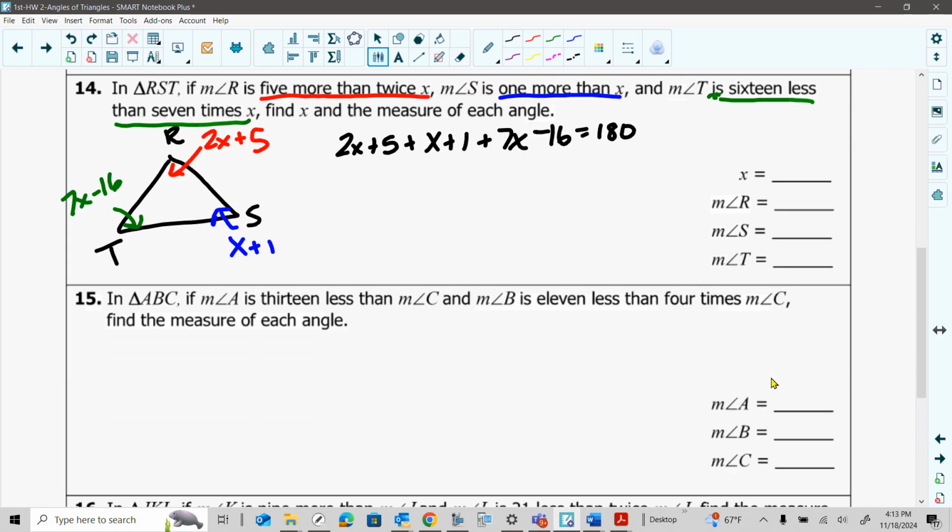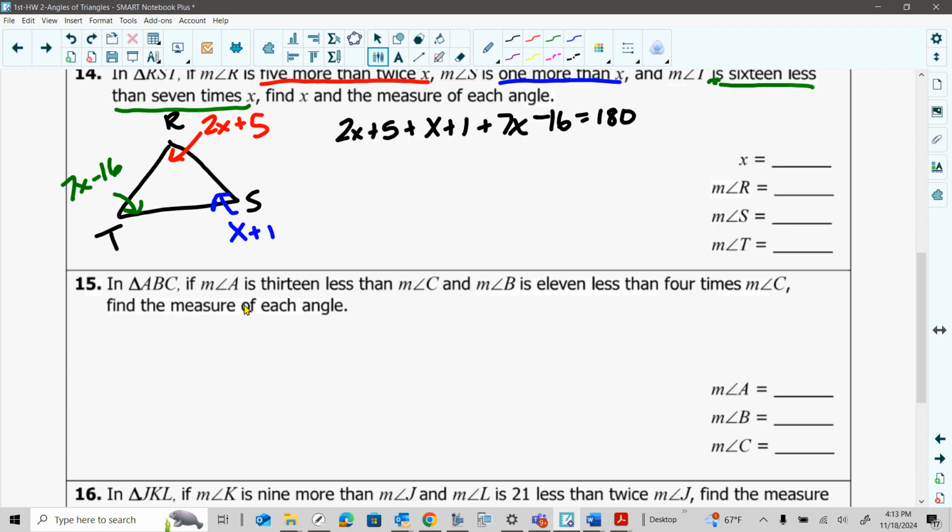So on 15 here, the difference is in the first one, they tell us the variable x. Here, they're saying angle A is 13 less than C, and angle B is 11 less than 4 times C. So your unknown, I don't know if y'all see this, is really this angle C. Angle C is going to be my x.